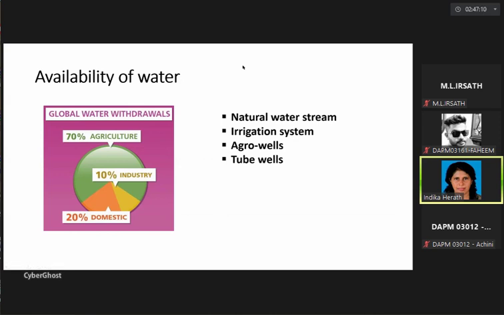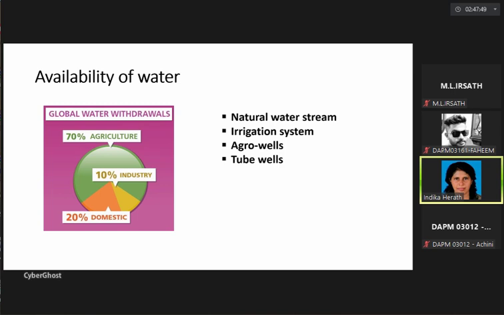Okay, now we have come to available water. That is something that I wanted to talk to you about. Agriculture has often been blamed throughout the world for extracting more water. Out of freshwater extraction, 70% of freshwater is extracted for agricultural purposes, right? So that means we need more water for agriculture.